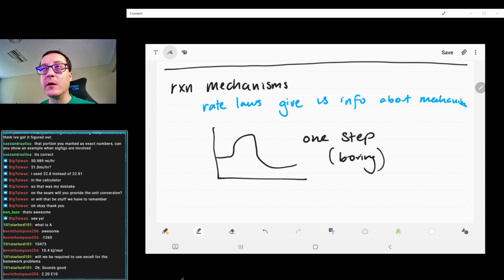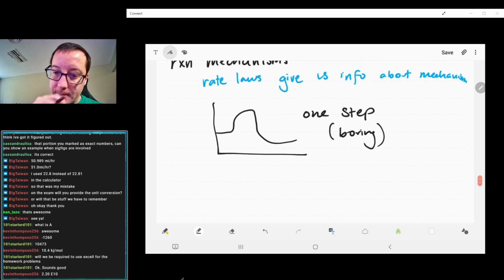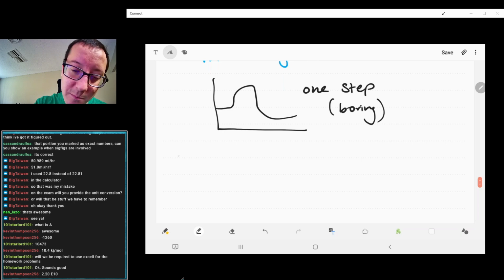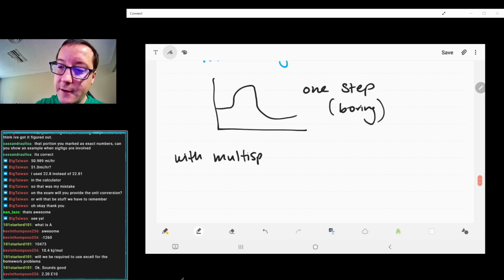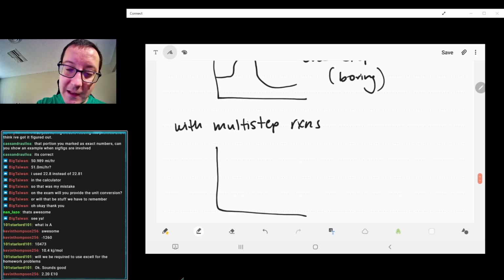We don't care about one-step reactions. We're going to see, however, with multi-step reactions, remember, we can end up getting intermediates.